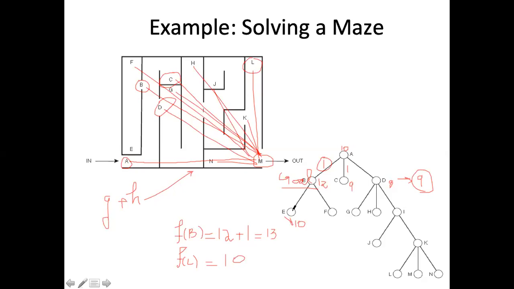So E की जो total cost आपके पास आएगी F cost, that would be 2, ठीक है? 1 plus 1 2 plus 10, which is 12. Okay, so इस नोड की जो टोटल कॉस्ट आपके पास आएगी F cost, that would be 12, ठीक है?